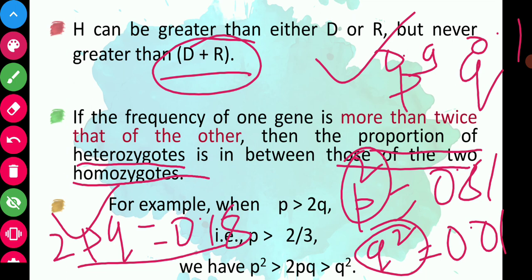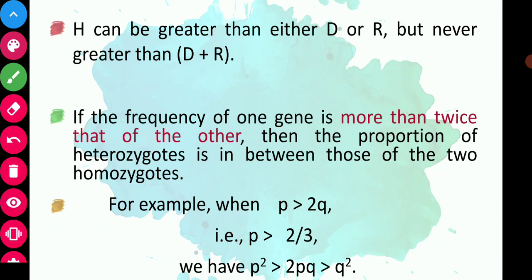Suppose the frequency of q is 0.2, so the frequency of p will be 0.8. Again the same condition: the frequency of one allele is more than twice the frequency of the other. Under such circumstances also, the frequency of the heterozygote will be in between the frequencies of both homozygotes. Hopefully this property is clear to you.